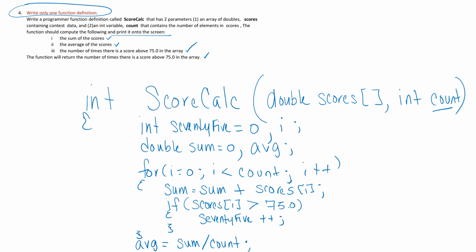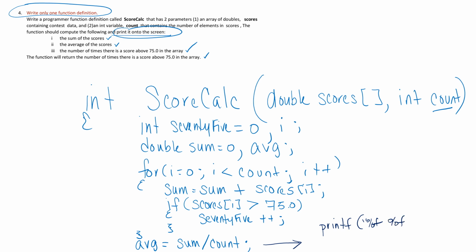Then after we do that, you want to print onto the screen. I'm out of space. So if this were to happen on your test, you can put a little arrow here that says printf. You need to print the sum, so that's %f. You need to print the average, that's %f.